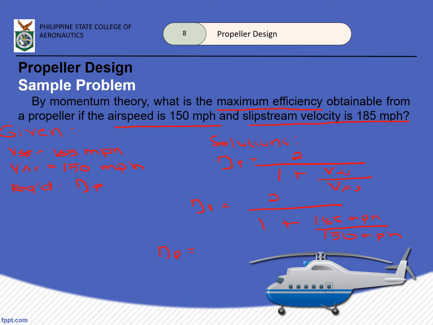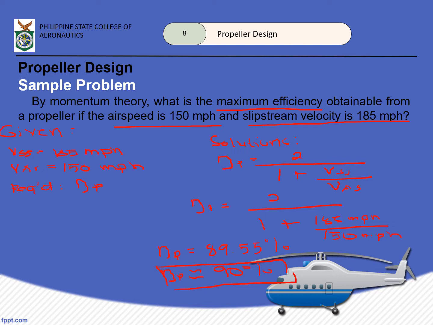But if you try to calculate this, you would be getting 89.55%, if I'm not wrong. So, propeller efficiency is about 90%. In case isama to sa problem, I would be telling you kung ilang decimal places or significant figures yung hanapin natin.